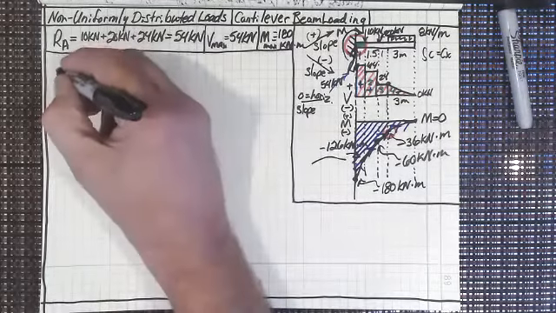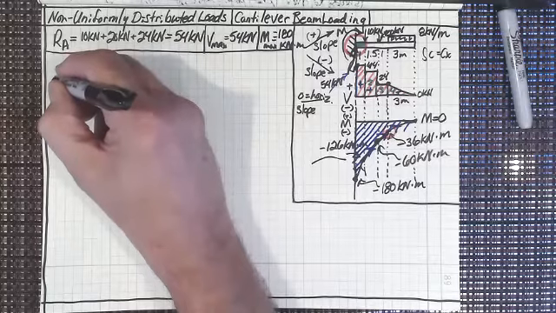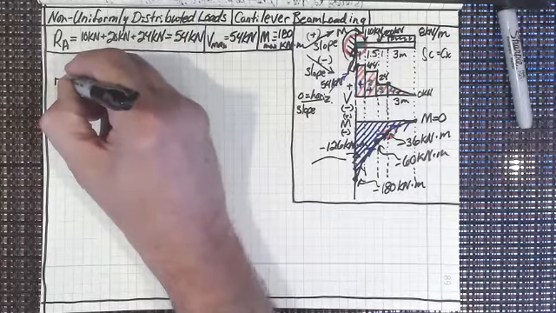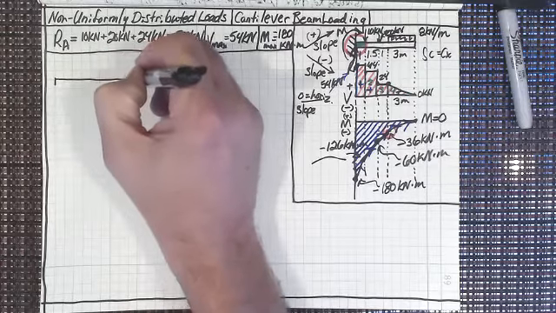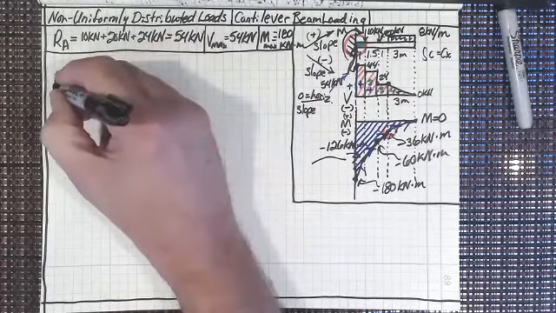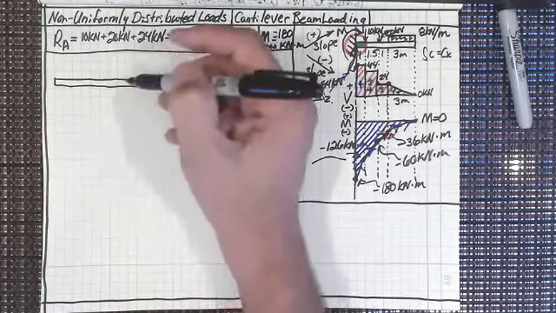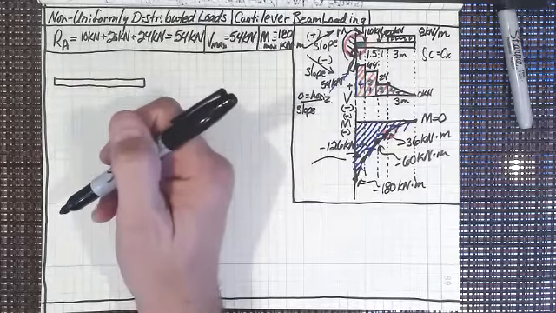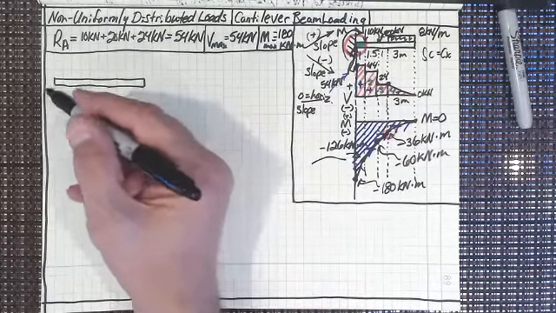Okay, so let's start over here. I think that's 10. I'm hoping, because if not, then I'm going to have to use my correct pen or something. There we go. Now, this is just going to be a simply supported beam, right?